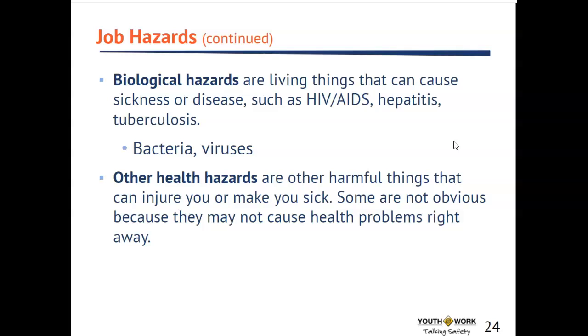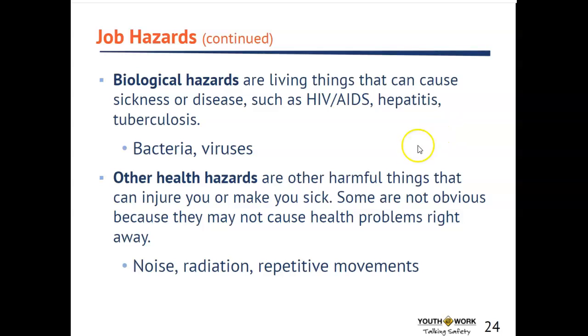They may not be related to chemicals. They may not be biological. So they're kind of the everything else category. These things are like noise, radiation, repetitive movements, because over time, those things can definitely be harmful and can cause a lot of issues in your life.